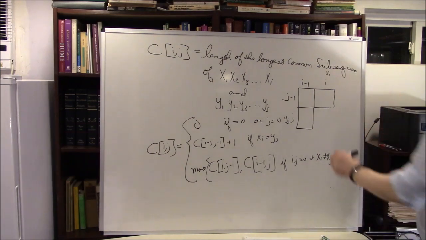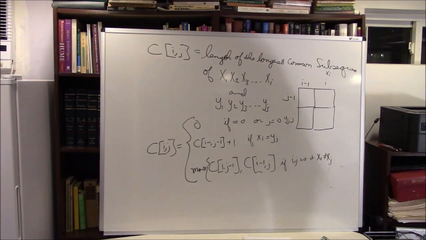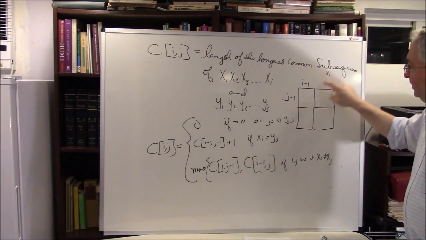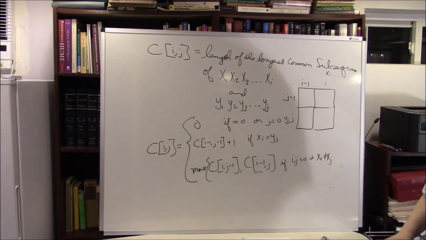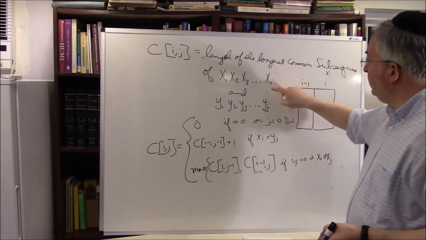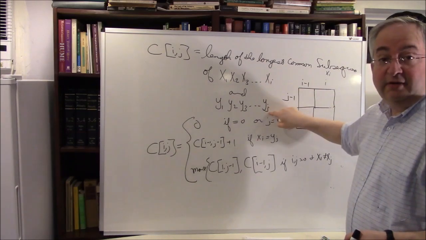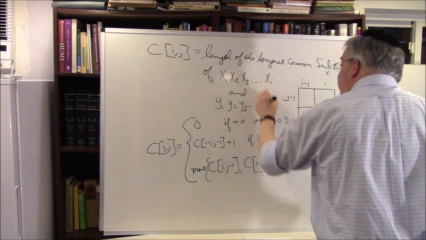In other words, I'd like to fill this box in. If these letters are the same, I'll explain the 0 in a few minutes, that means the end of the word is the same letter.